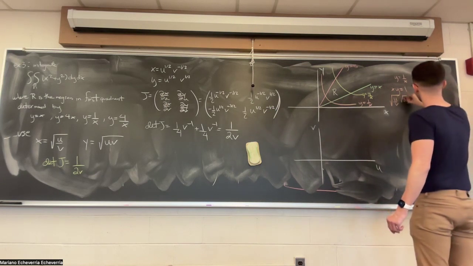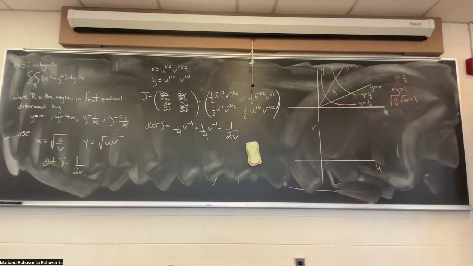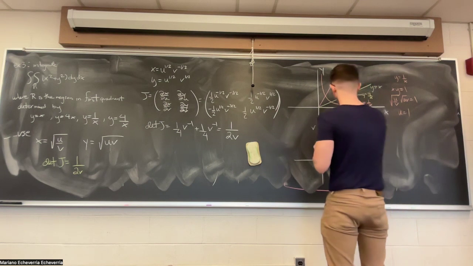So now I'm rewriting this in terms of u and v. The v's cancel out, and the square roots just give you u. So the curve becomes u equals 1 on the UV plane. And u equals 1 is somewhere in here.